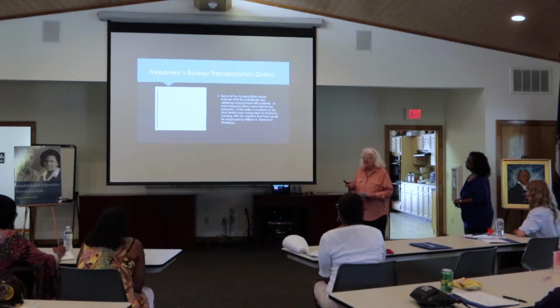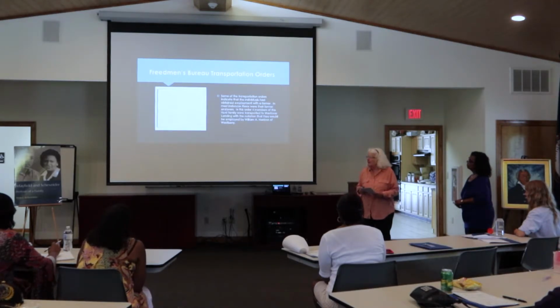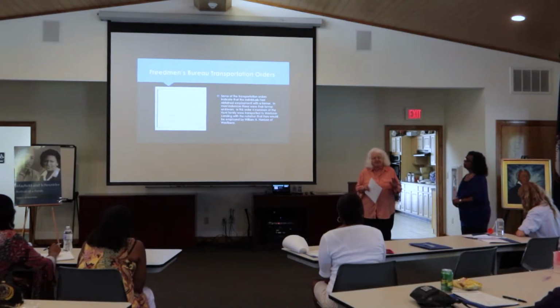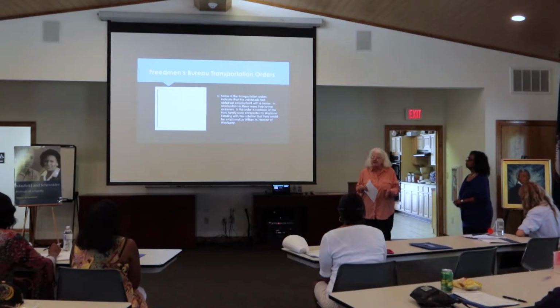The conditions on the Lower Peninsula, well, in all of the Freedmen's Bureau farms, were so horrific. I mean, they were just death traps. The Bureau, to try to depopulate the Lower Peninsula, finally adopted a policy of transporting freedmen back to the counties where they had been enslaved. So for that reason, they had to identify former enslavers in the former county of residence.